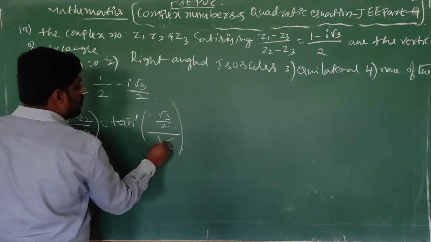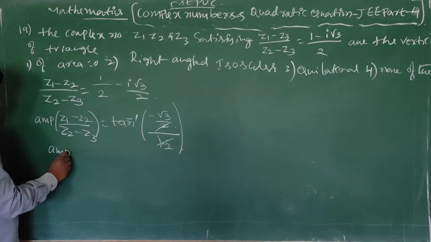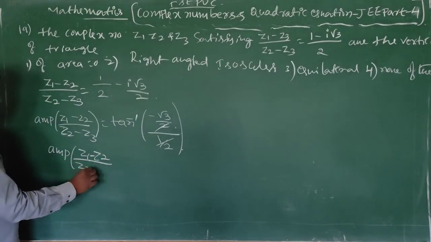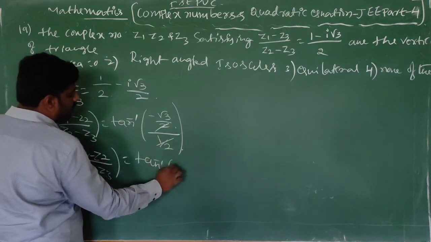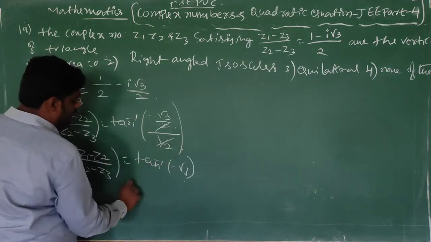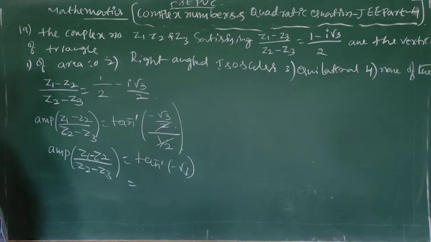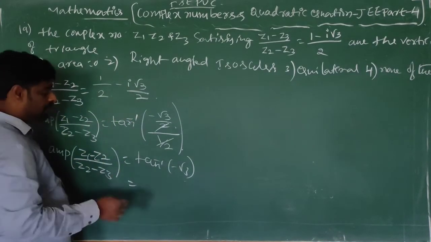So now the 2s cancel. So the amplitude is equal to tan inverse of minus root 3. Tan inverse of minus root 3 is minus 60 degrees, but it is in the fourth quadrant, so it becomes positive.